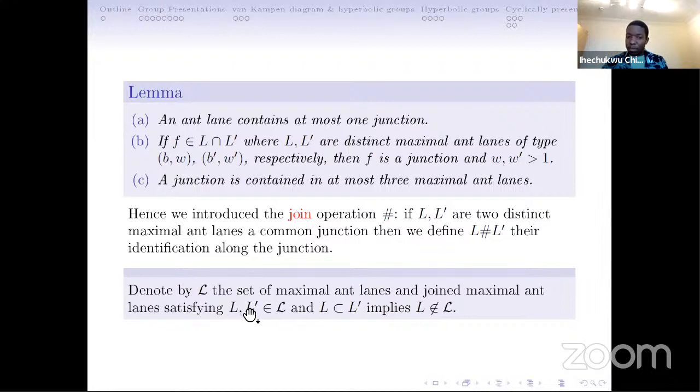So if L and L prime are in the set, and L is contained in L prime, I didn't write this properly. This is not properly stated, but it's just saying that there is nothing contained in the other, there is no intersection. That's the point. So this is the maximal ant lanes and joint ant lanes where there is no intersection. The point is that I want to calculate the curvature of this set, and I want to sum them. If I have intersections, I cannot sum them. That's the point of the set.